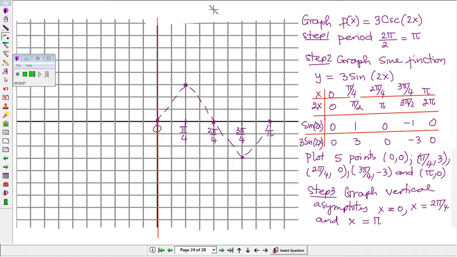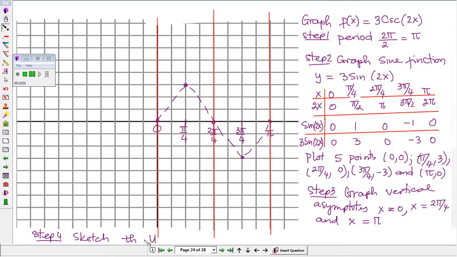I'm going to use the red color to label my vertical asymptotes. So there are 3 consecutive vertical asymptotes.